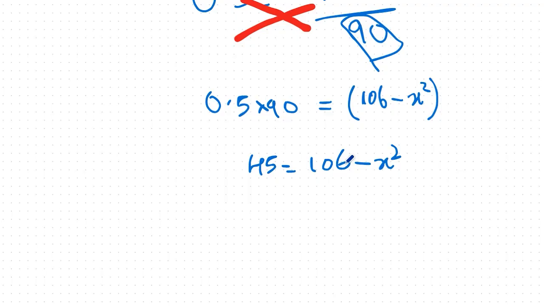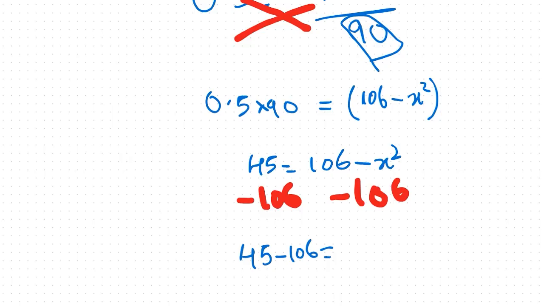It's not the trigonometric sine; is it positive or negative? Positive. So to get rid of that, subtract. It would be negative 61 equals negative x squared.